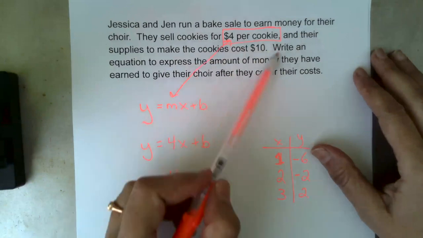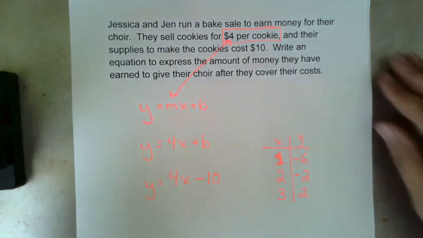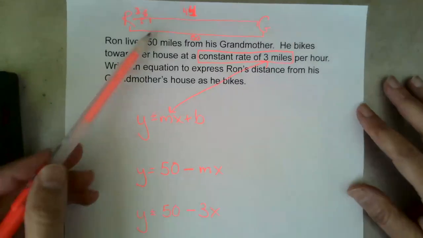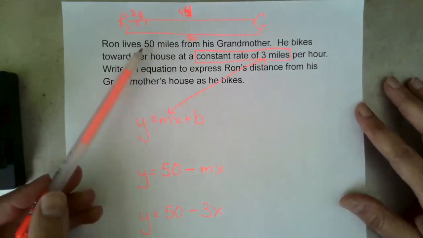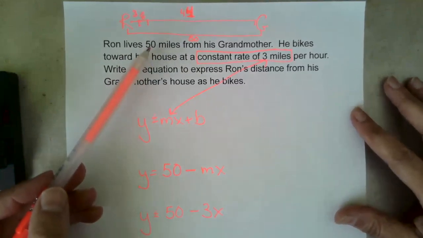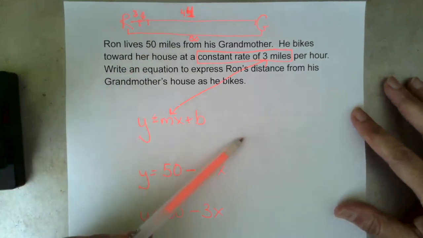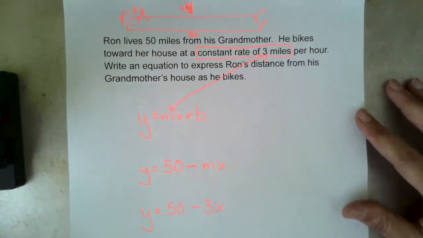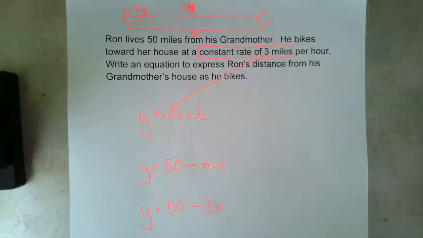That means that that initial amount, that's debt, that will be expressed as a negative. And then finally, we had a total distance, but then we're closing the gap, right? This amount should be getting smaller each time. So that means instead of mx plus b, we have b minus mx. So we had 50 minus 3x. So that's 3 different linear word problems and the different language that's used to tell you what to do.